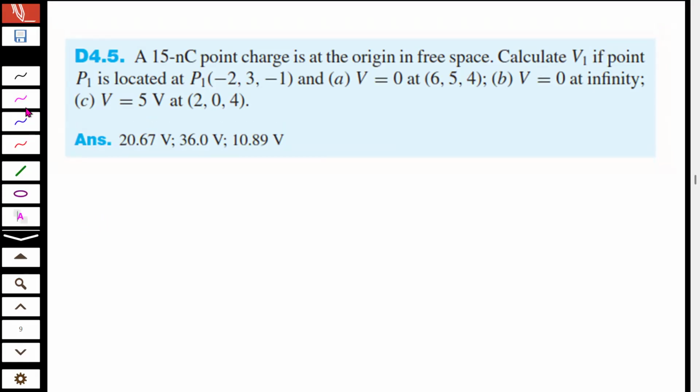Now, let us write the formula for potential difference. Suppose we have 2 points, say A and B, VAB if we are writing.